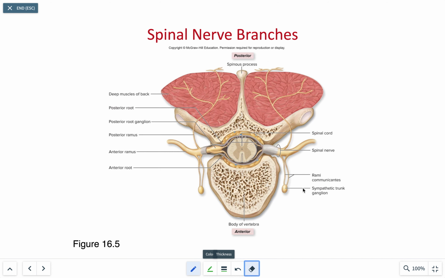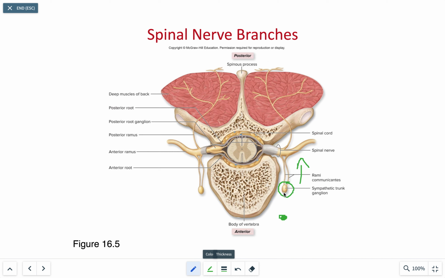Another interesting aspect, these sympathetic trunk ganglia are connected. If we would go up, say to the next vertebra, there'd be another sympathetic trunk ganglion, and they're interconnected. So I'll draw one down here.